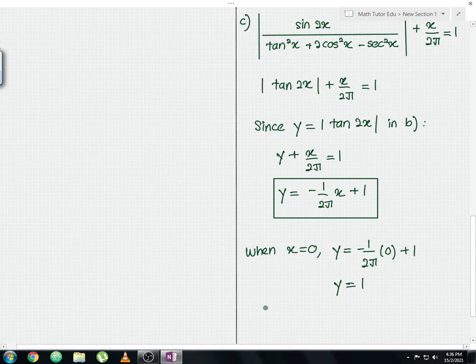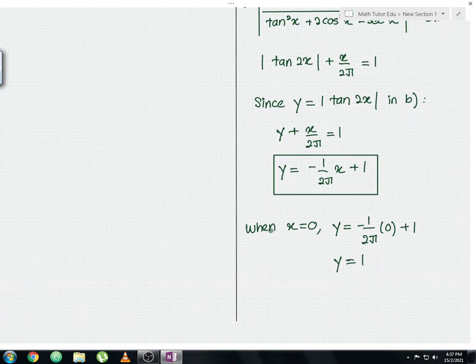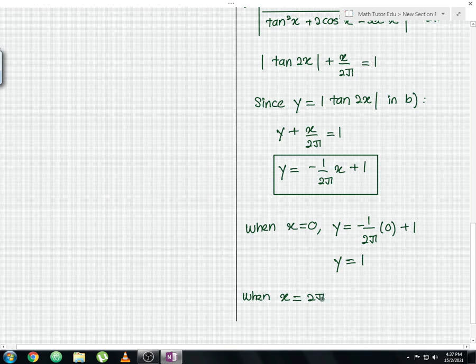Let us proceed to the second point, when x equals 2 pi. Why 2 pi? This is the beginning of the x range and this is the last. So when x equals 2 pi, y will be equals to negative 1 over 2 pi times 2 pi plus 1. The 2 pi and 2 pi cancel off, become 1.